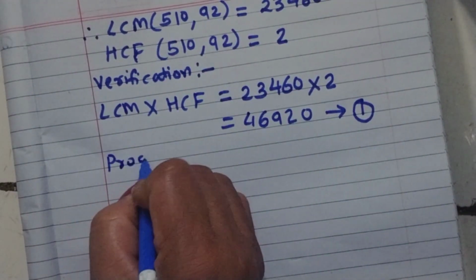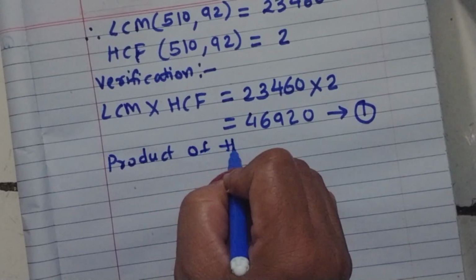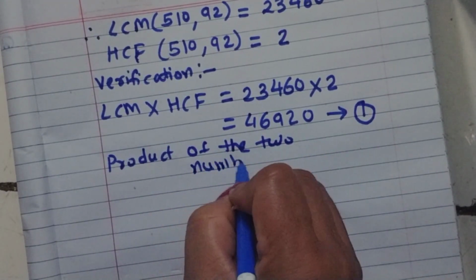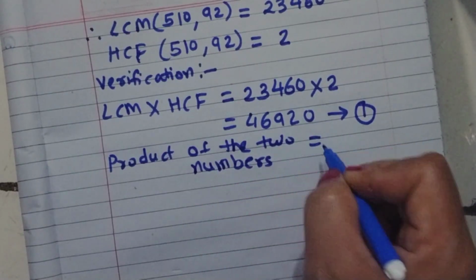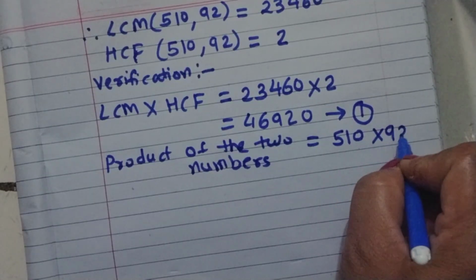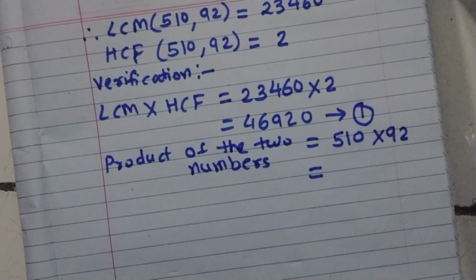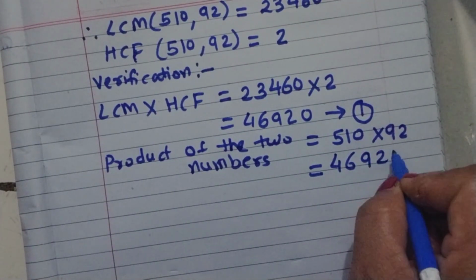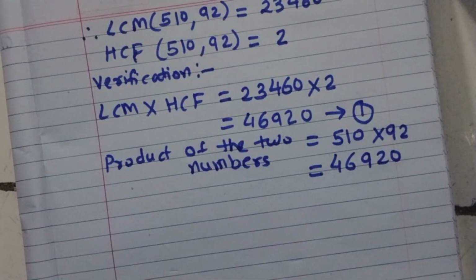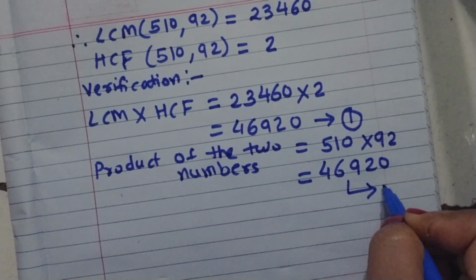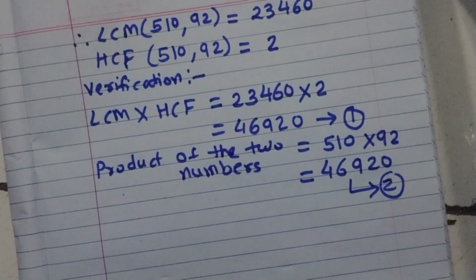Now the product of the two numbers, that is the product of 510 and 92, is also equal to 46,920. So we write this as equation 2.